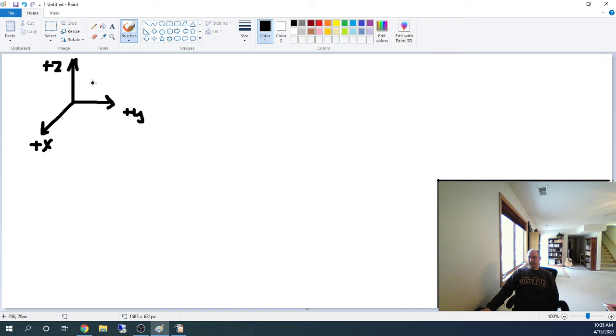If I look at a particular point here, which is above the xy plane, here's a vector which points to this spot. This point that the arrow is pointing to is above the xy plane by some amount.